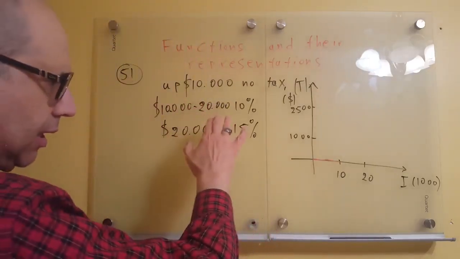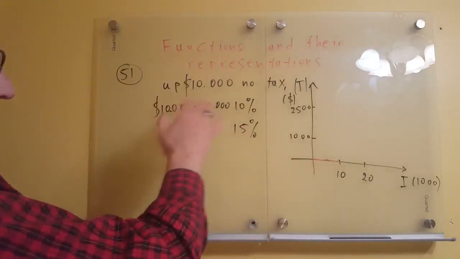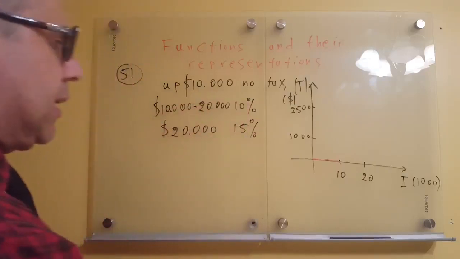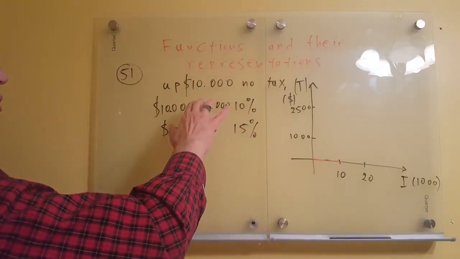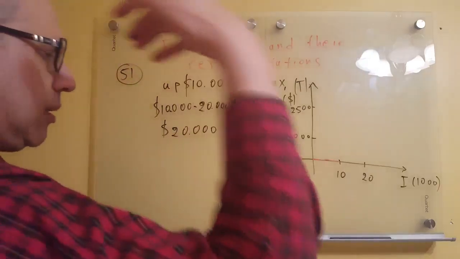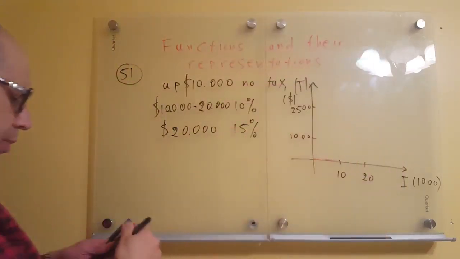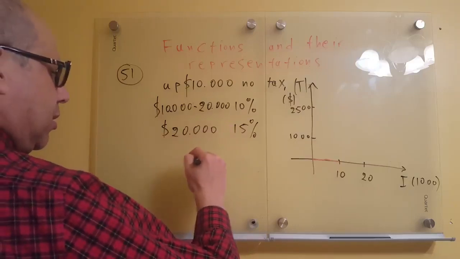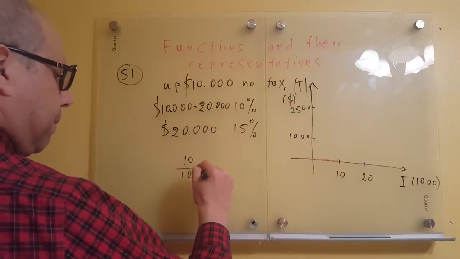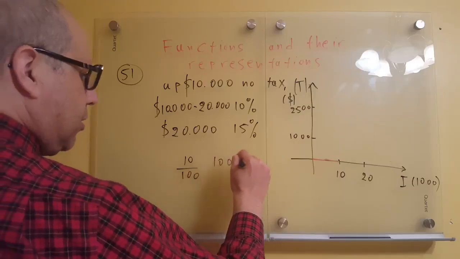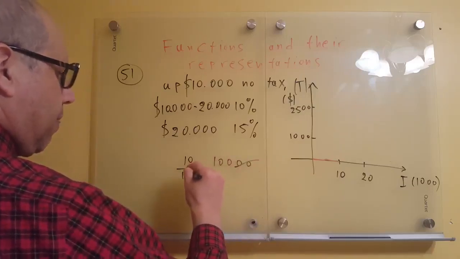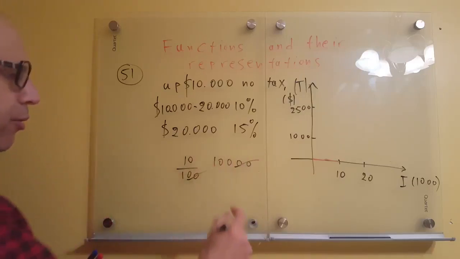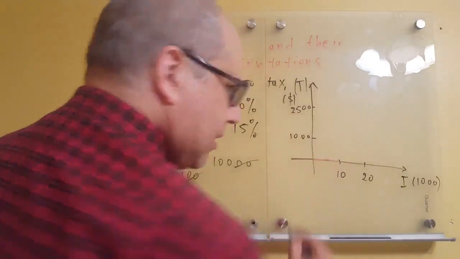So for the first 10,000, the person doesn't have to pay any taxes, so he pays taxes only for the other 10,000. And how much will it be? The taxes will be 10% of 10,000, it's 1,000. So that's how I get this number here.